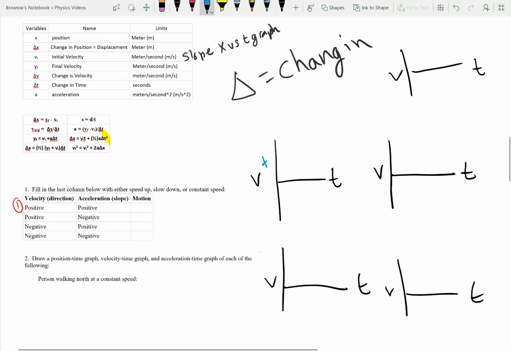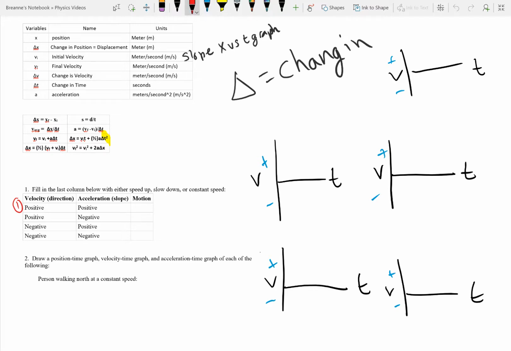So this is your positive, that's your negative, positive, negative. Again, that's dealing with your direction, positive or negative direction. It's according to what quadrant you're in. And your slope, if you have a positive slope or a negative slope.